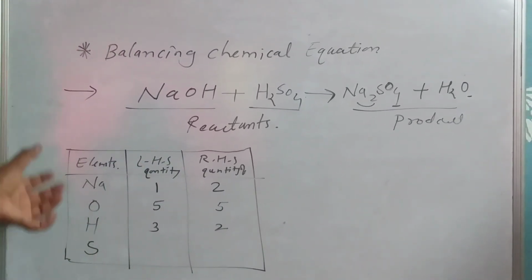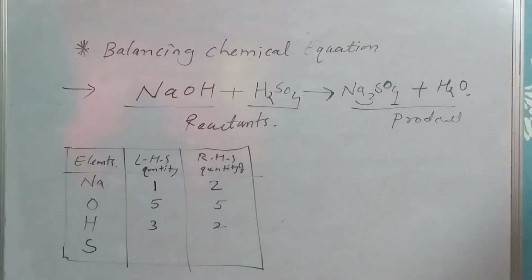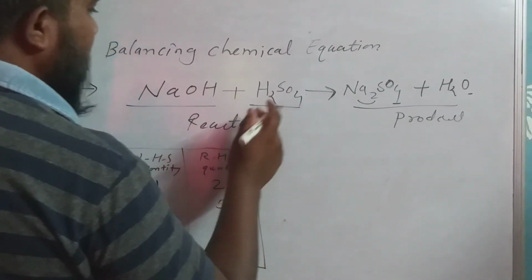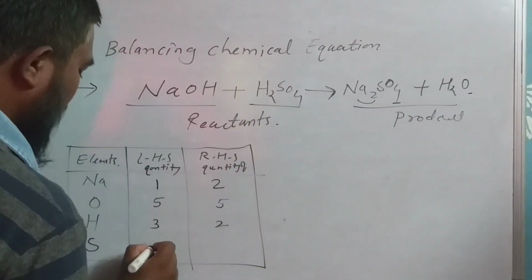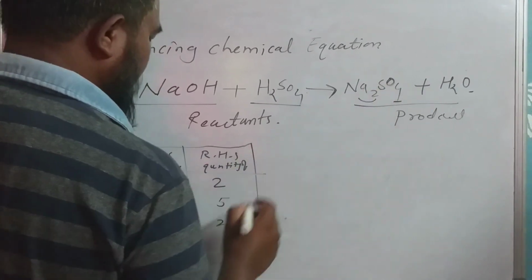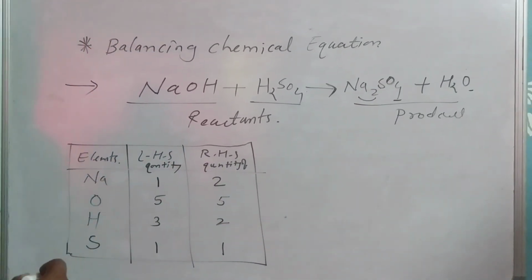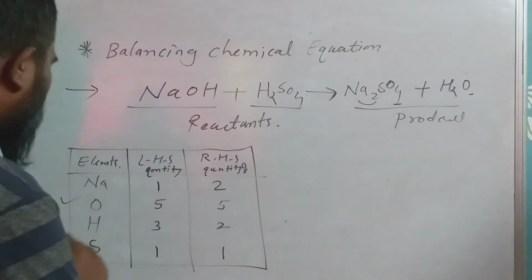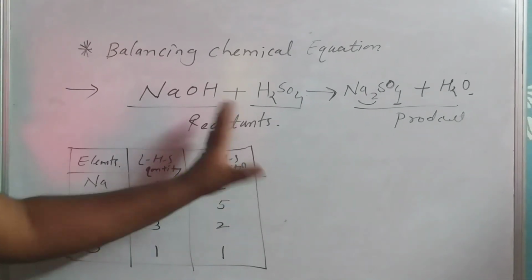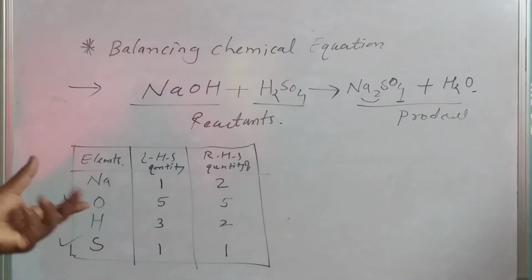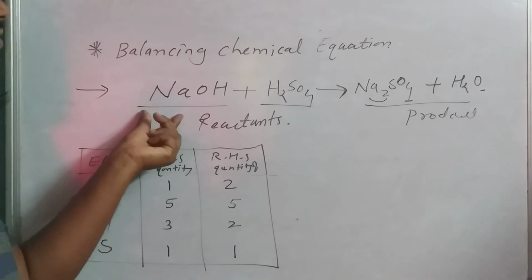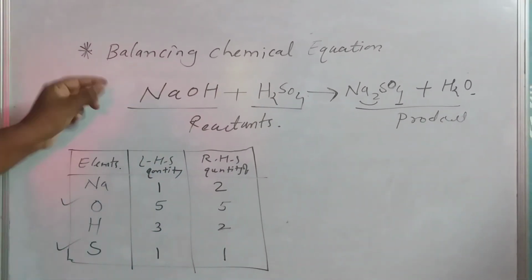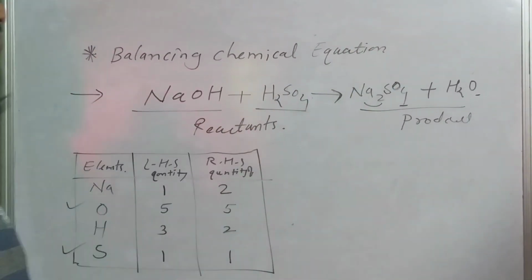Now we have to see how many S are there on the reactant side, the left hand side. Only 1 S, and here also only 1 S. Now we can see oxygen and sulfur, these two are balanced on both sides, but we have to balance sodium on the left hand side and hydrogen also.